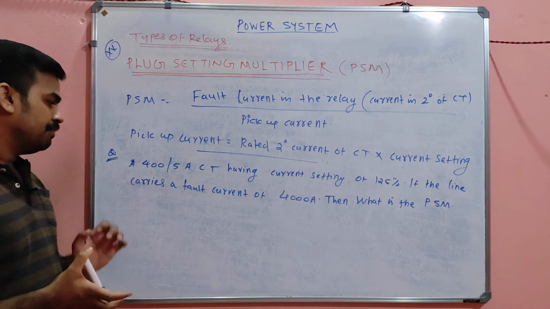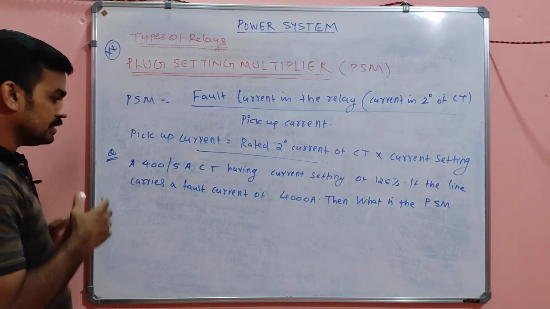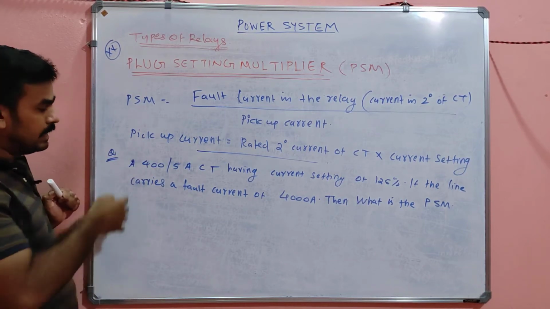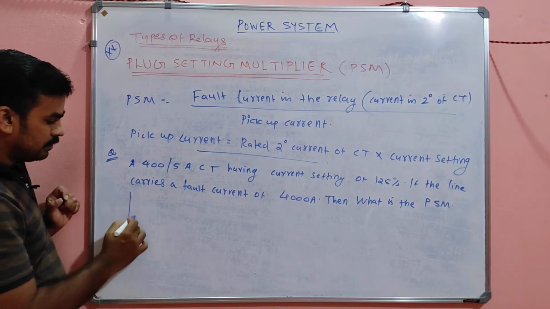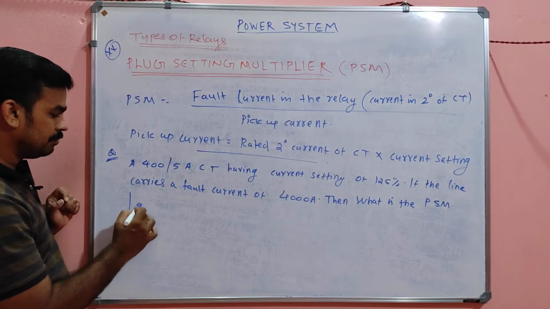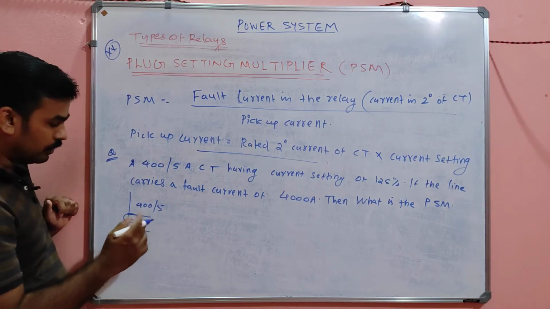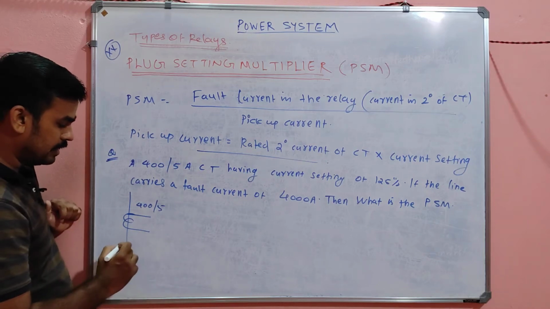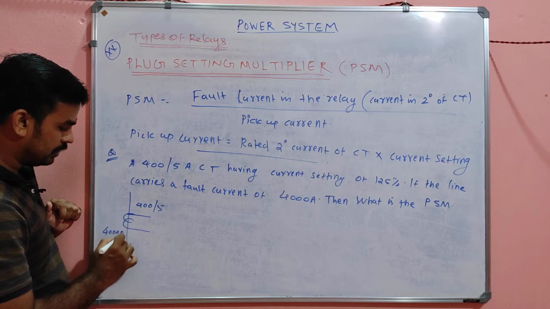If the line carries a fault of 4000 ampere, where is this connected? That is the line, the load line. The 400 side is this one and the 5 side is that area, and this is the load, and it carries 4000 ampere.